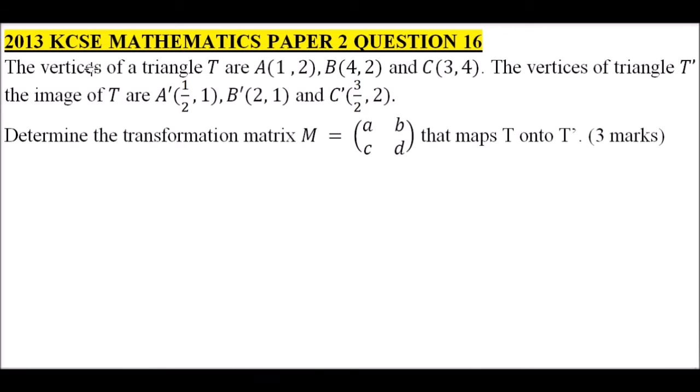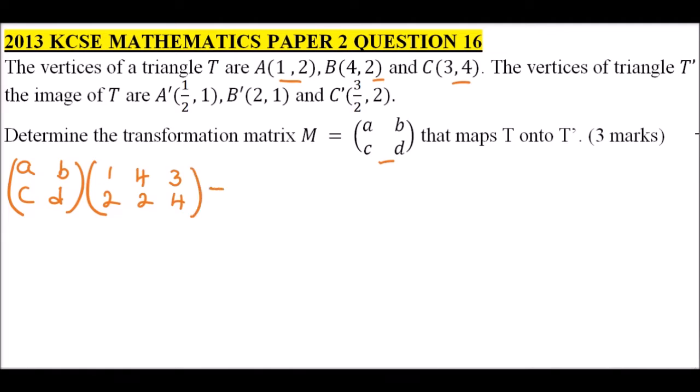So what we do here is that because we have the transformation matrix (A, B, C, D), we write A, B, C, and D and multiply by the matrix which we can form using the coordinates of the three points of our object: 1, 2, this is 4, 2, and this is 3, 4.